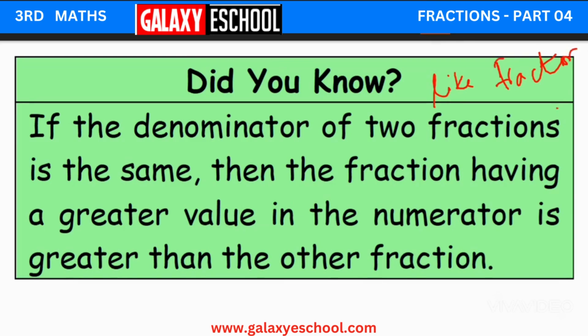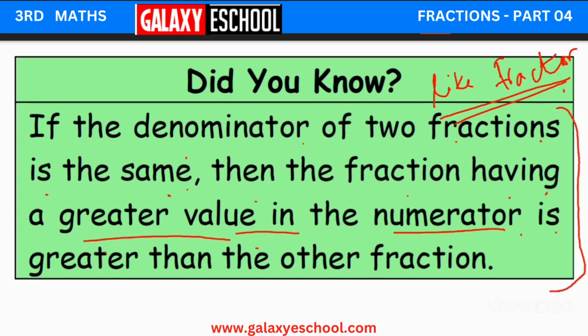Okay, whatever we have learnt about comparison of like fractions can be summarized in these 4 lines. If the denominator of two fractions is the same, that is when we have two like fractions, then the fraction having a greater value in the numerator is greater than the other fraction. Suppose we have 6 by 12 and 8 by 12.